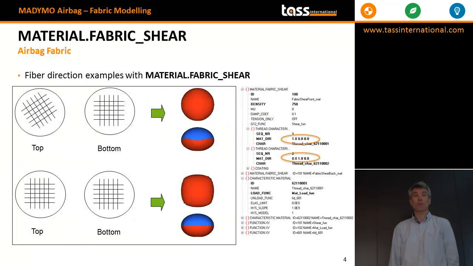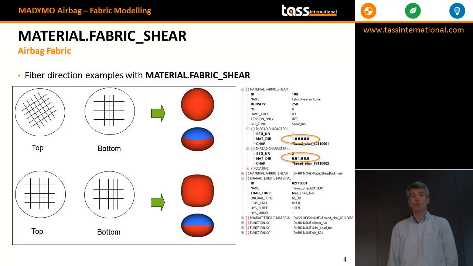Here you see an example of fabric shear. It's a driver airbag, and you see here the top and the bottom. The top is 45 degrees rotated with respect to the bottom. As you can see, there's a sine wave occurring at the stitching. From the top view, the driver airbag still remains round.